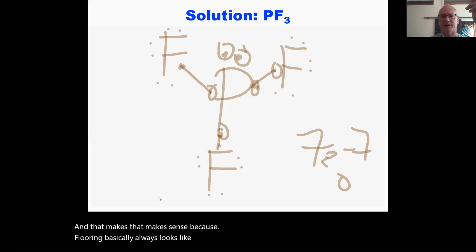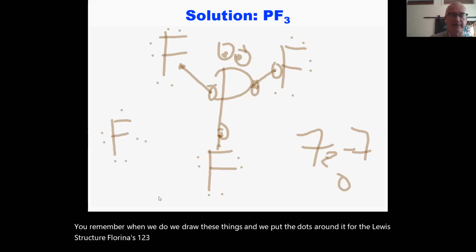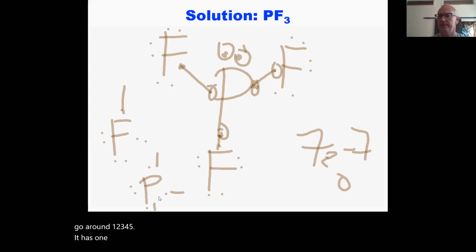When we put the dots around it for the Lewis structure, fluorine is 1, 2, 3, 4, 5, 6, 7. So it has those 3 lone pairs and 1 for sharing. Phosphorus, we go around 1, 2, 3, 4, 5. It has 3 electrons for sharing and a lone pair it keeps for itself. And that's exactly the structure we have here.